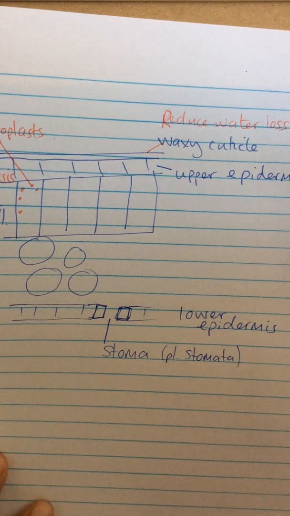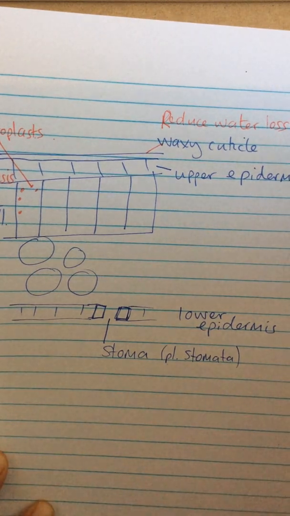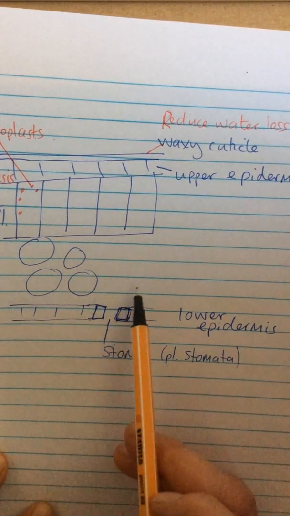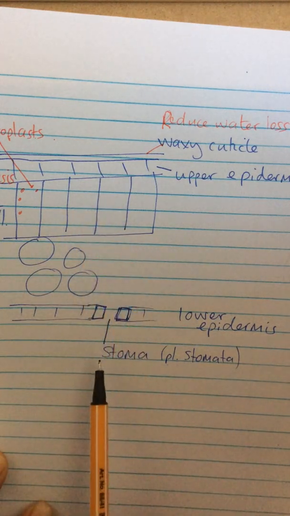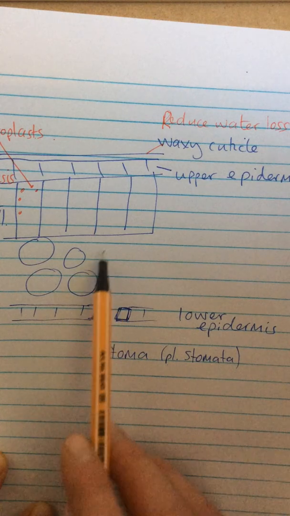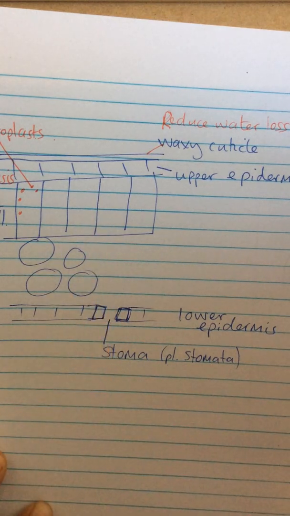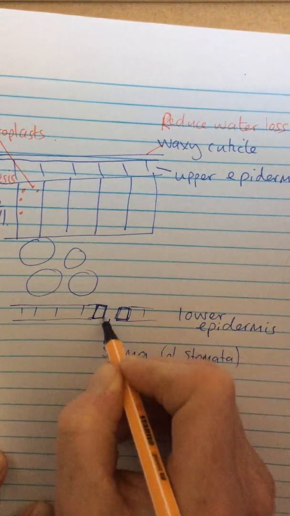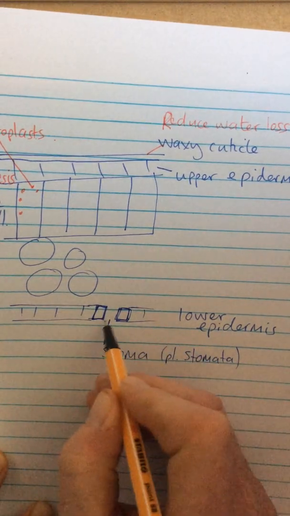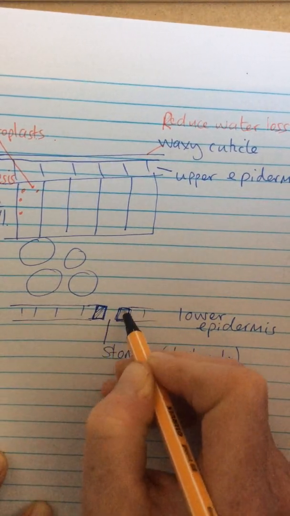And the job of that stoma, or stomata, is to just let the gases in. So we talked about gases being needed up here for photosynthesis. That carbon dioxide can get in, diffuse up, and get to the palisade layer. Now, each side of the stoma are two cells. I've made them here in dark blue.